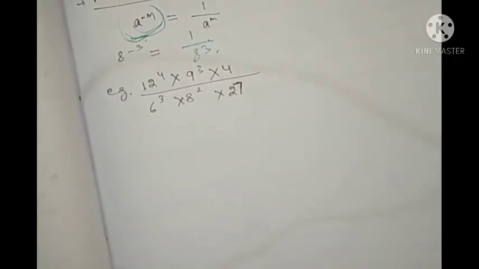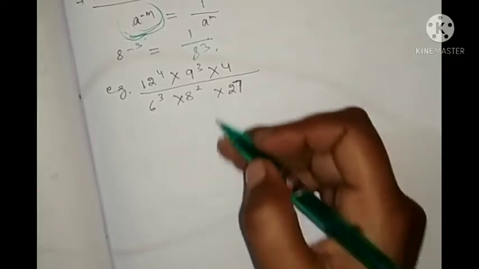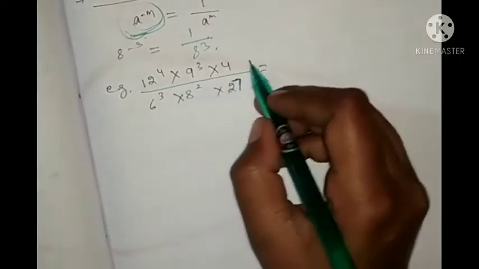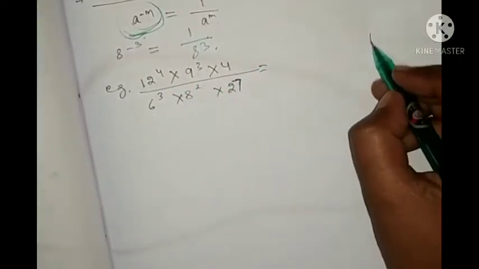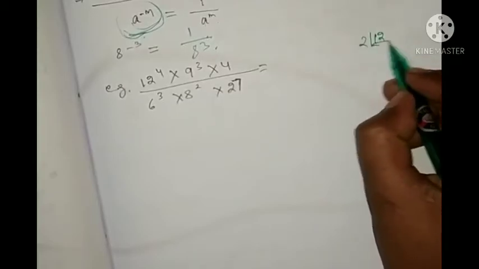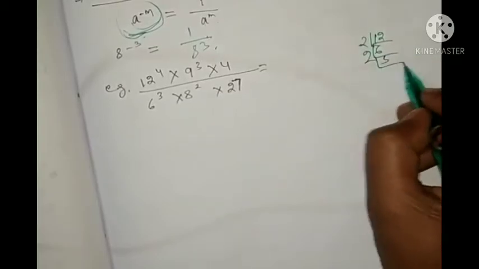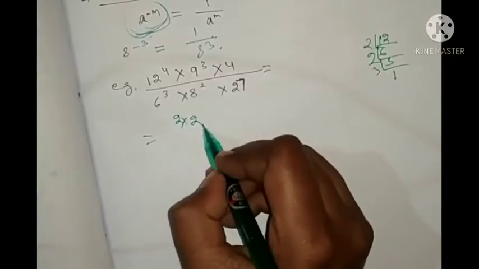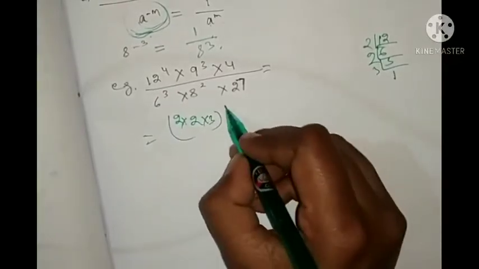Next we'll see one example. 12 to the power 4 into 9 to the power 3 into 4 by 6 to the power 3 into 8 to the power 2 into 27. So this one we can write as, 12 is how much? 4 3s are 12, or 12 means 2 6s are 12, 2 3s are 6, so 12 means 2 into 3, to the power 4.